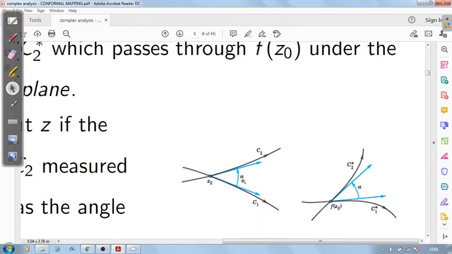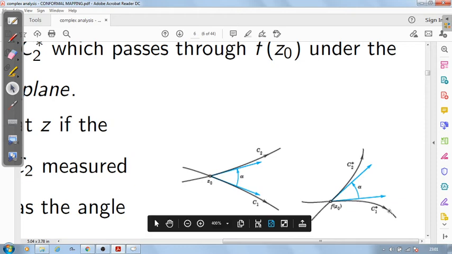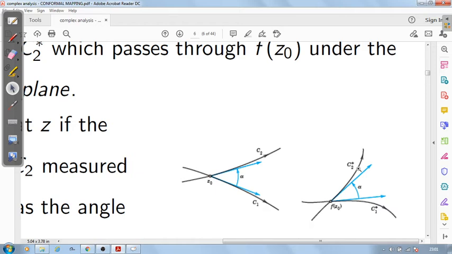So we have the map w equal to f of z. Under the map f of z, C1 will have an image C1 star, and the image of C2 is C2 star. Now z0 being a point on C1, f of z0 will be a point on the image of C1. Similarly, it is a point on the image of C2.